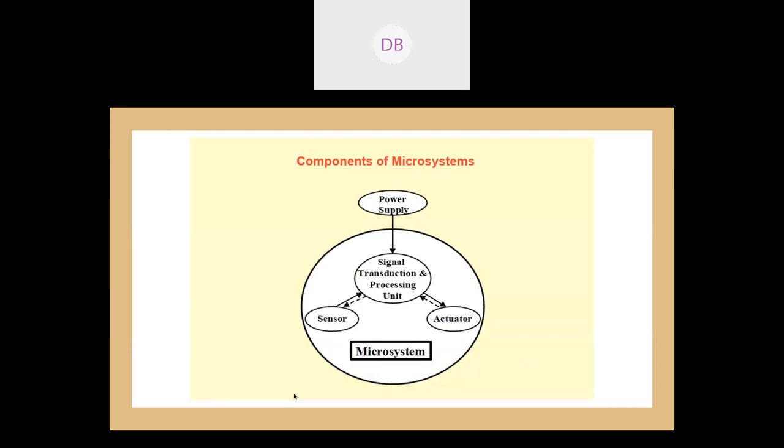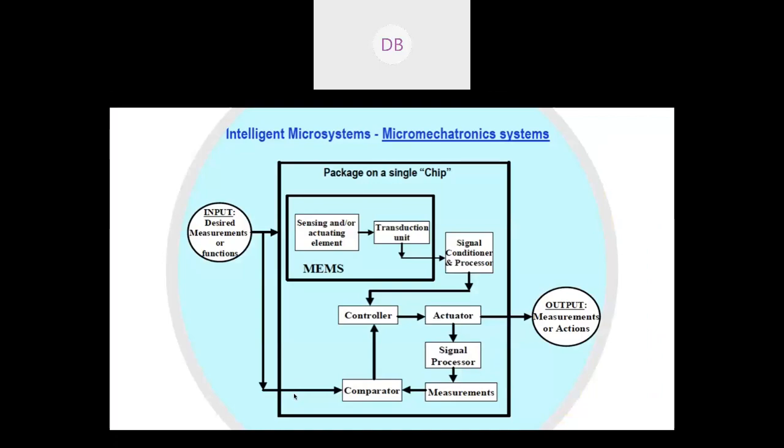So if you want to put it into an intelligent micro system, you can see you have the MEMS part or the sensing part, the input, you have the controller, you have the signal processor, where you do the processing, the measurements, the comparator, and overall you give the measurements and action. So this makes the total intelligent micro system we are talking about.